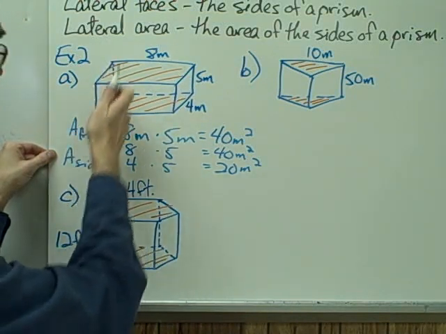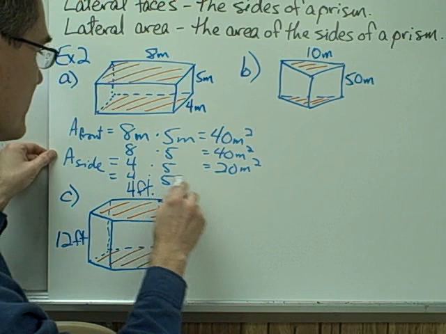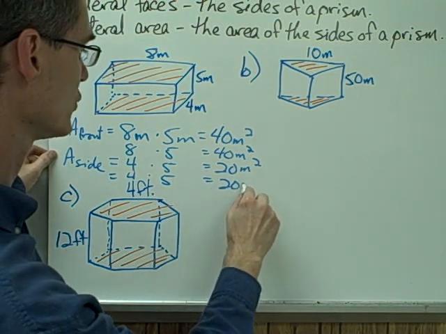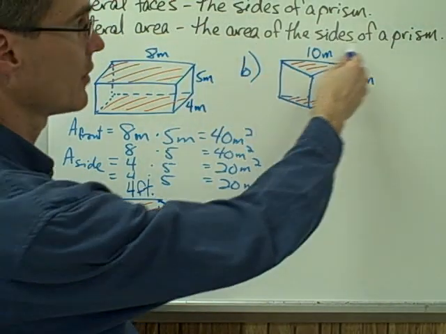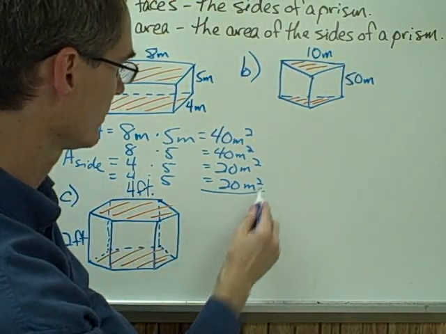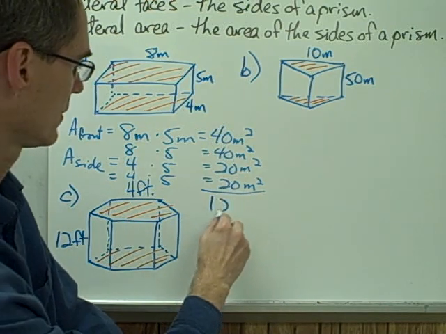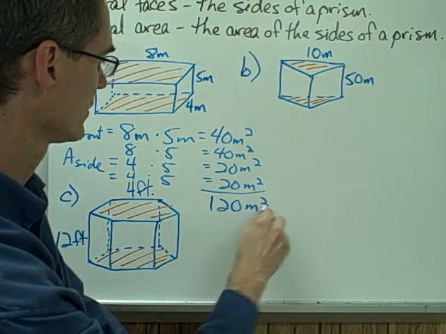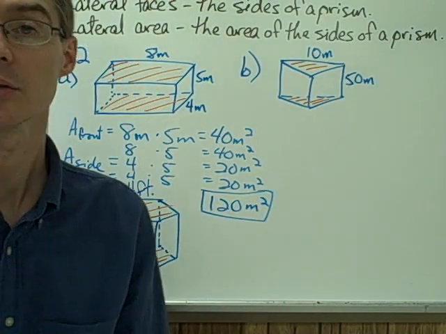And the area of the other side is exactly the same, 4 times 5, which is 20 square meters. Since the lateral area is the area of all the sides of the prism, I just need to add those up. 40 and 40 is 80, 100, 120 square meters, and that's the lateral area of my rectangular prism.